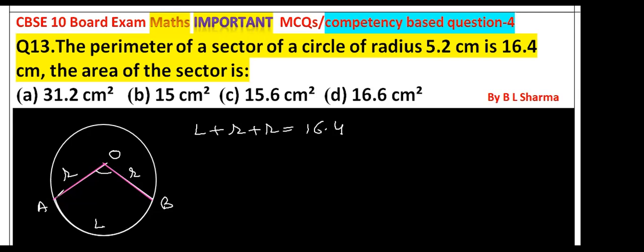Perimeter means the sum of the lengths of the boundaries. Length of the arc is given by pi r theta upon 180, but it is not required to write here. We can do it directly.